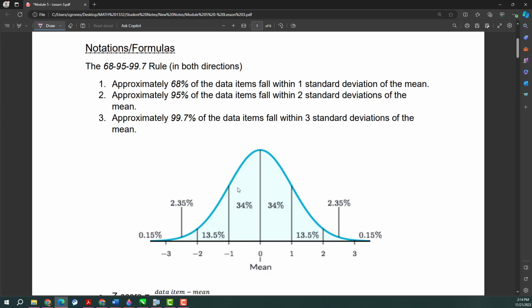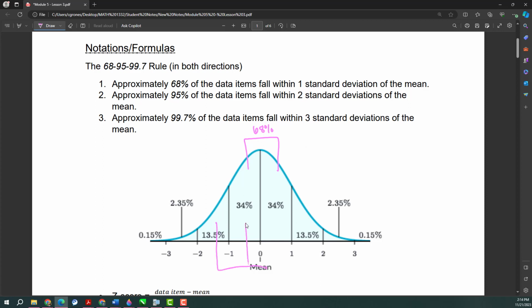What this is saying is that 68% of the data falls within one standard deviation of the mean. So that would be these two pieces right here. They make up 68%. On number 2, it says approximately 95% of the data items fall within two standard deviations.